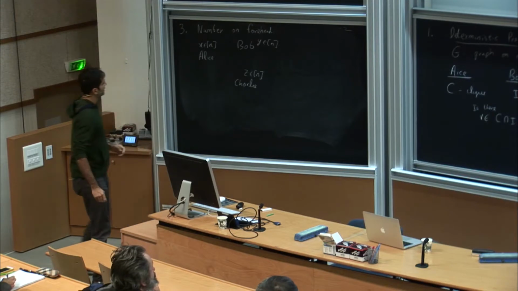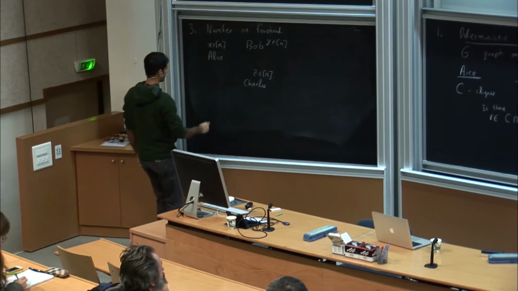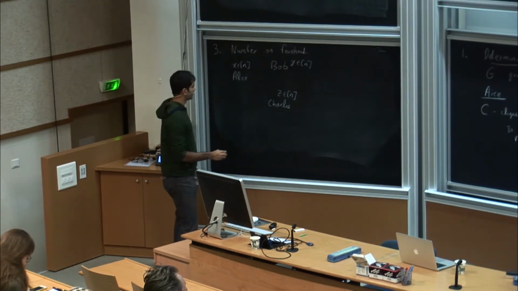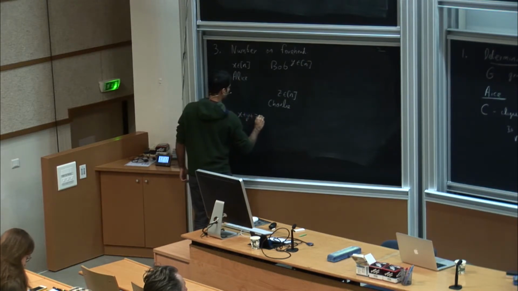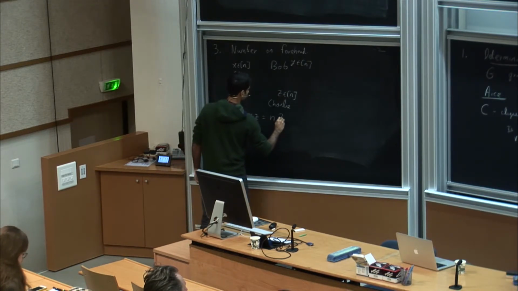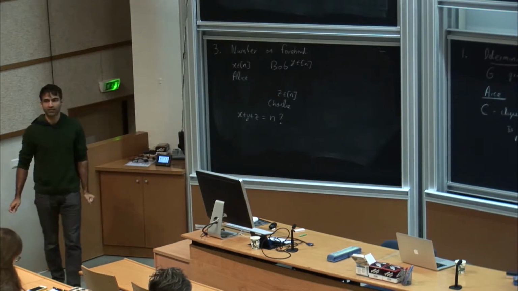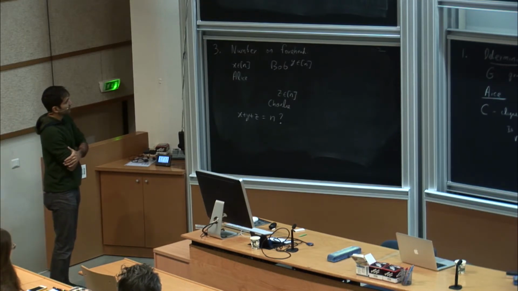Okay, so what's the problem that I want to study here? Let's consider the example where they want to know if x plus y plus z is equal to n. So they want to know if this sum is equal to n.